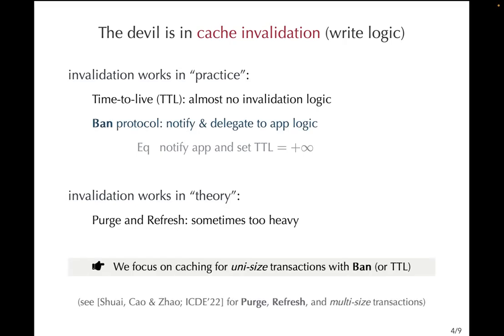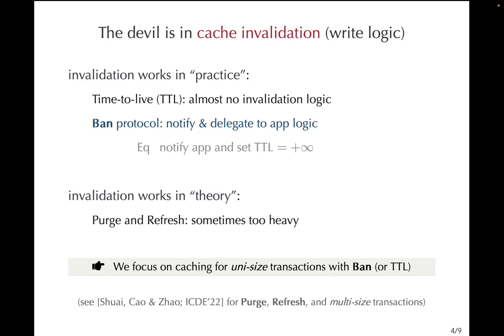In this work, we focus on the ban or TTL-based caches for transactional requests. We have actually studied purge and refresh invalidation in our previous study, and we have a generic technique there for dealing with multi-size transactional requests.